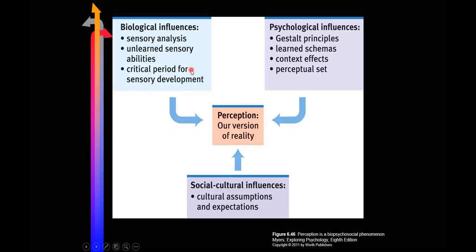We need input in our sensory systems at specific critical periods of time in order for that sensory system to develop correctly. For example, baby kittens had their eyes covered up during a certain period of time shortly after they were born.